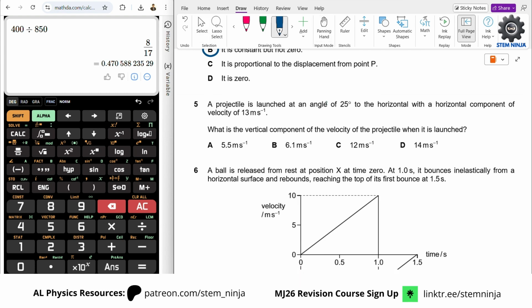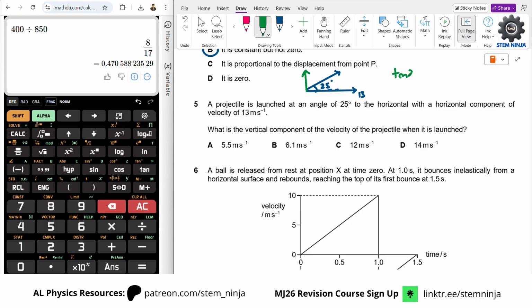A projectile is launched at an angle of 25 degrees to the horizontal with a horizontal component of 13 meters per second. What is the vertical component of the projectile when it is launched? So the angle is 25 degrees and the horizontal component of this is 13. So we need to find the vertical one. This is very straightforward.